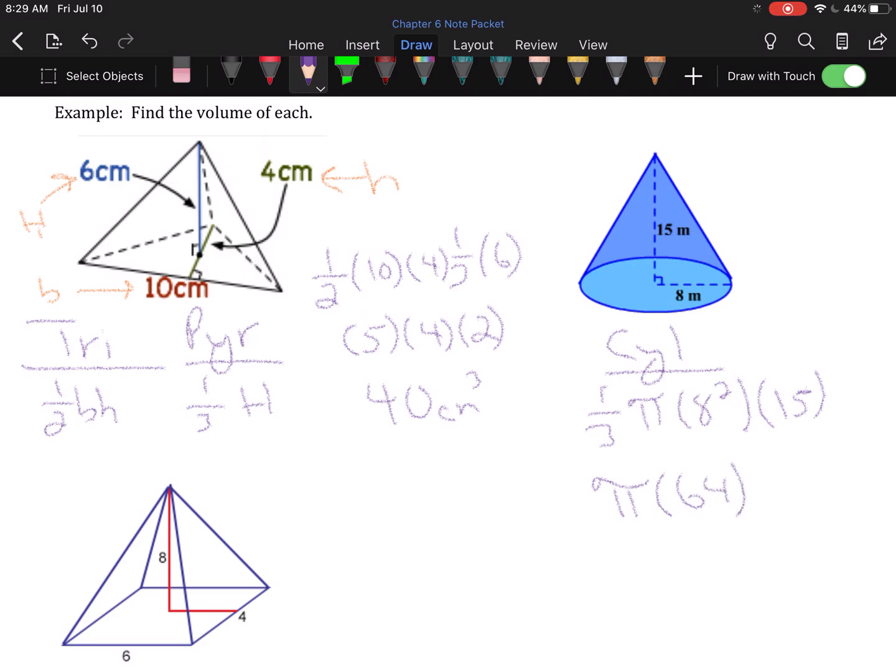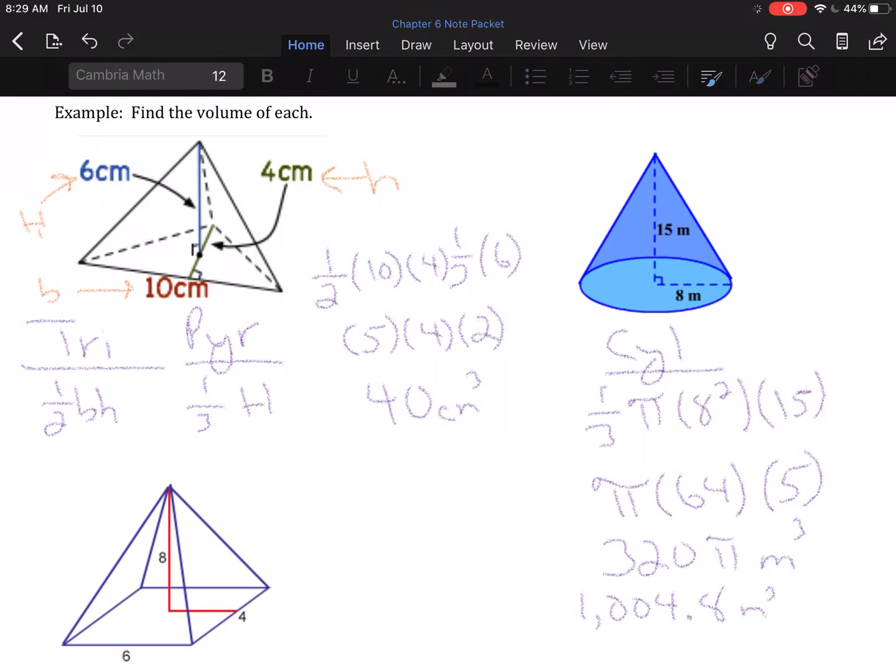And the 1/3 and 15 play nice. 1/3 times 15 is 5. Means for our pi form, we just need to do 5 times 64. That's 320 pi meters cubed. And to get the decimal form, we just take 320 times 3.14. And we get 1004.8 meters cubed. So cylinder is, here's your formula, just literally run with it.